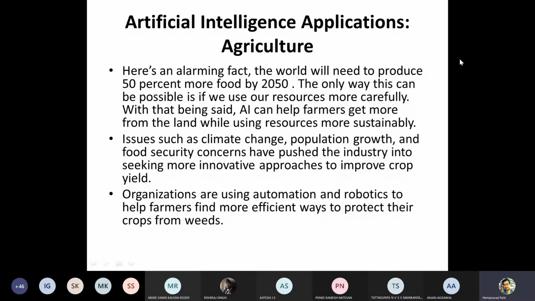Sometimes there are some diseases on crops. Say the cotton plant has certain diseases. So in the beginning of the disease, if the farmer comes to know that this disease is going to develop, then the farmer can take action and prevent the disease.